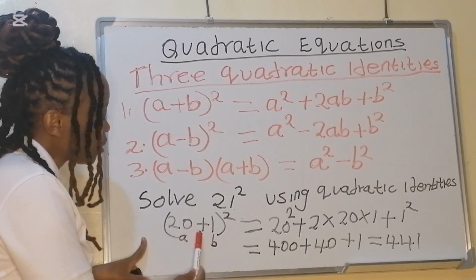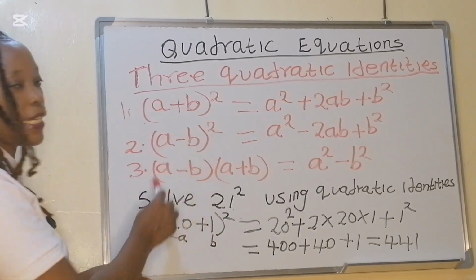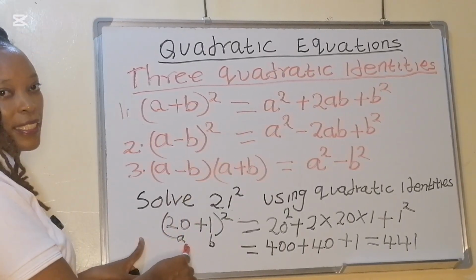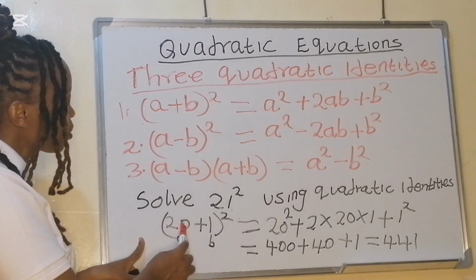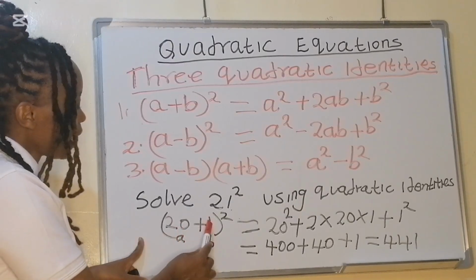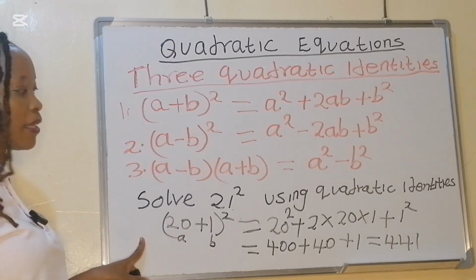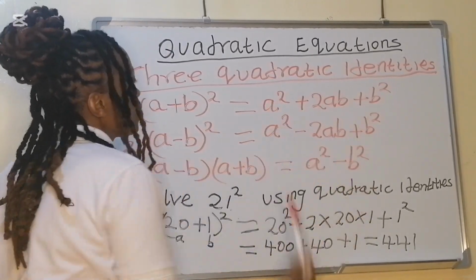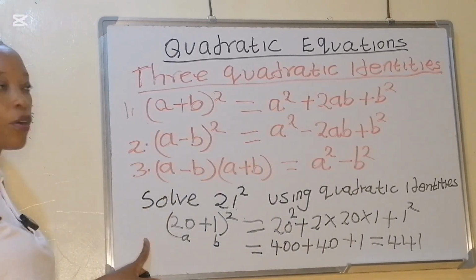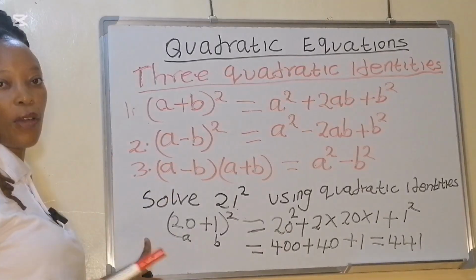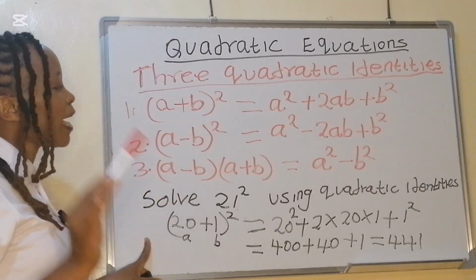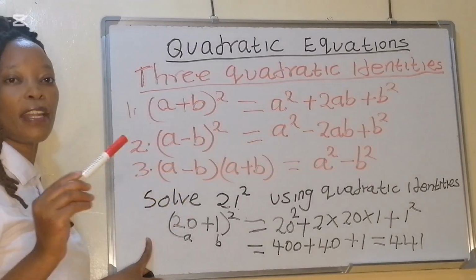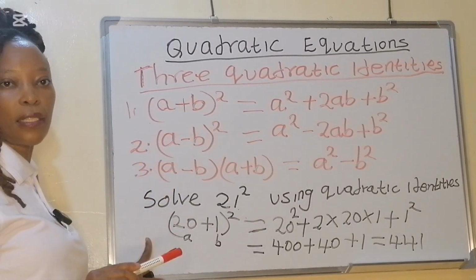Then when you break it into 2, you look at the 3 identities. Which one looks like our equation here? Then we replace 20 as A and 1 as B, and we use the quadratic identity as we are supposed to. So I hope you have understood that when you are asked to use quadratic identity to solve the square of a number, don't use a calculator.